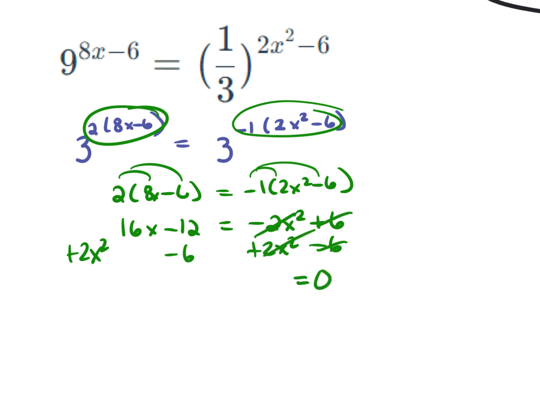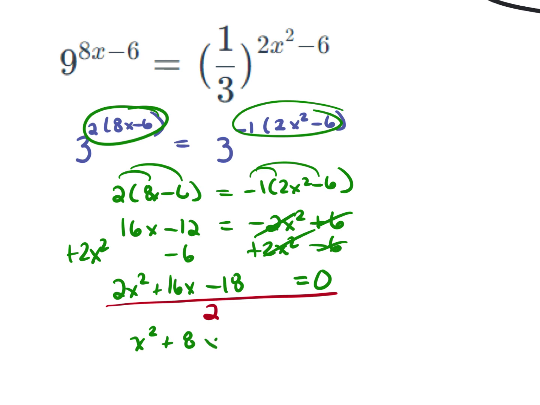So I've got my 0, so I've got 2x squared plus 16x minus 18. Now, a lot of these turn out to be very, very similar. I don't really love the 2, but I notice they're all even, so I can divide everything by 2. I get x squared plus 8x minus 9 equals 0.